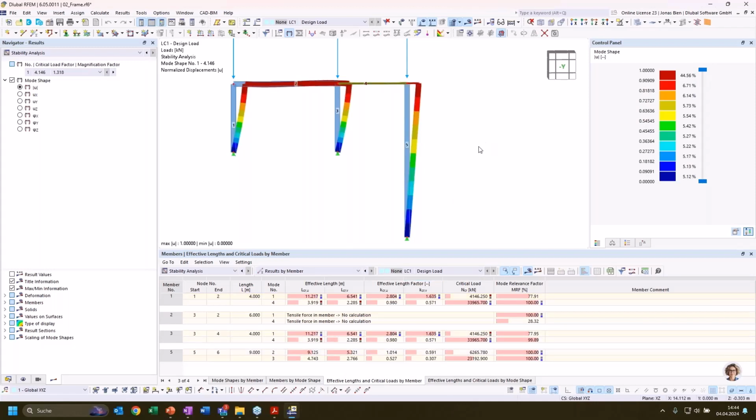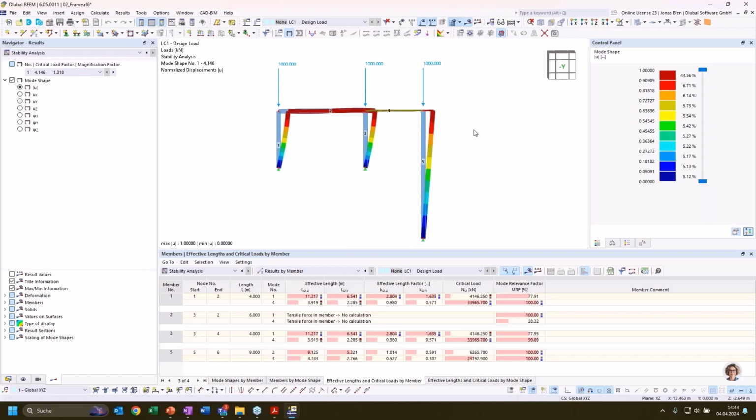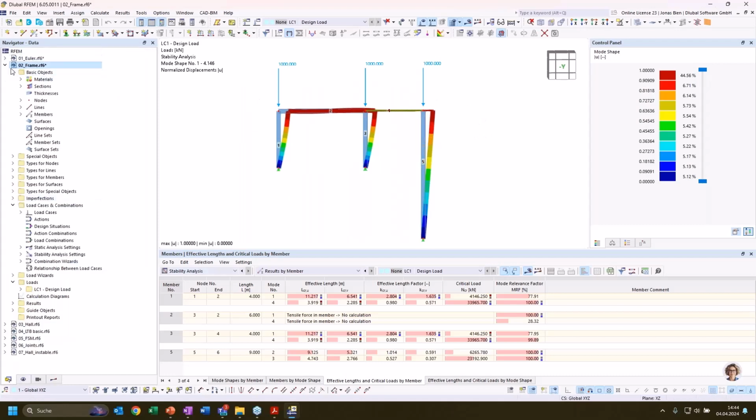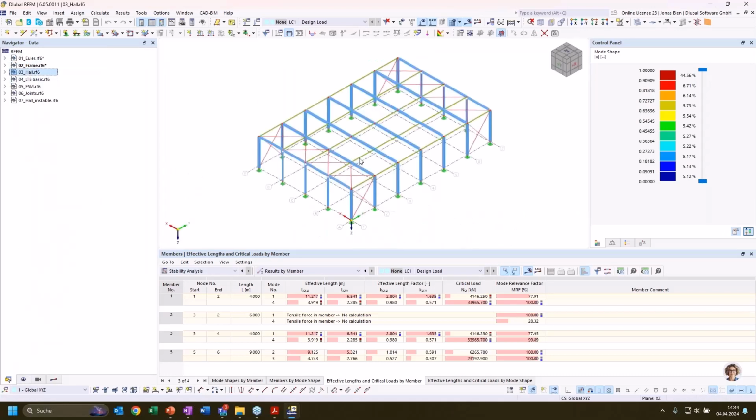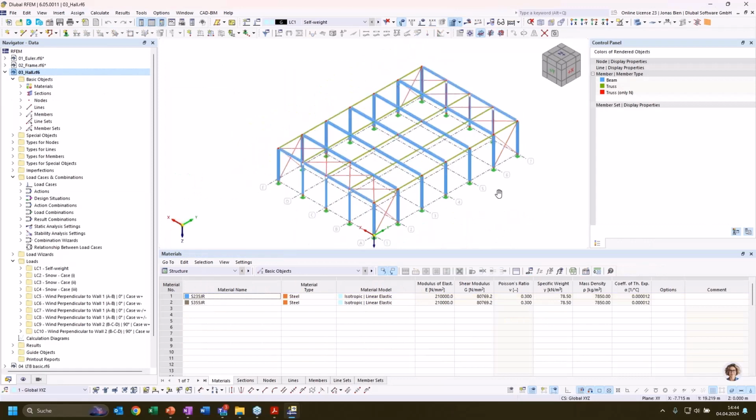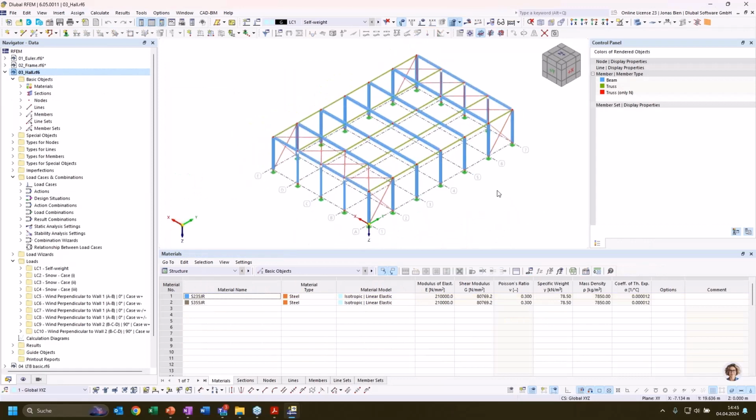All right, but I want to show you in the next step how we could also leverage this tool in a more realistic setting, or how to approach the buckling length determination in a more realistic model. So here we have an industrial hall.